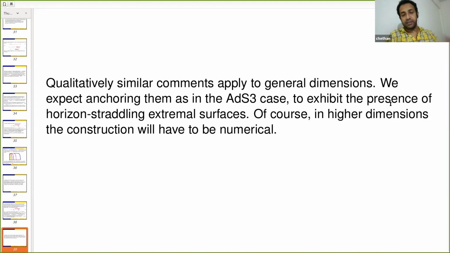But I'll make a couple of comments. The first is that people show that both these kinds of extremal surfaces exist, and then it automatically follows that the first trivial kind is always going to be time dependent because it cuts the planar black hole horizon, and the second one is a fixed quantity.